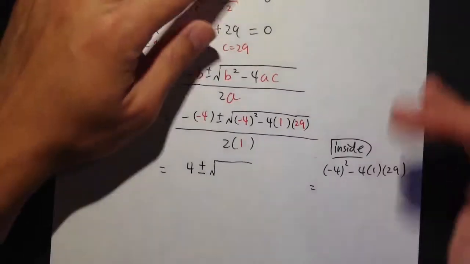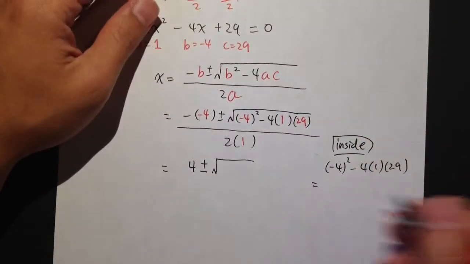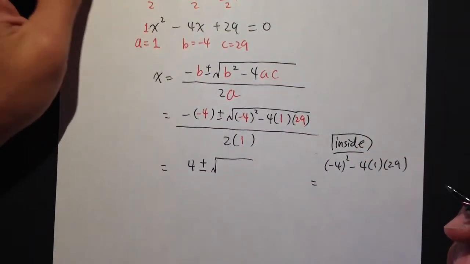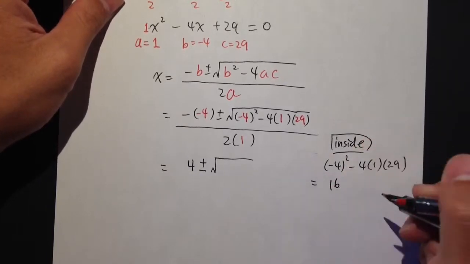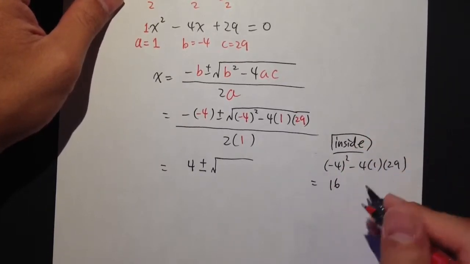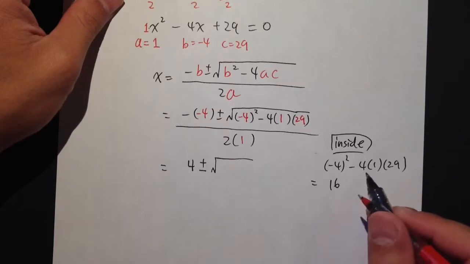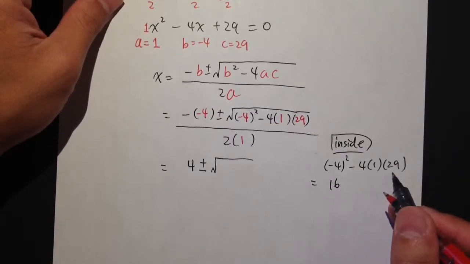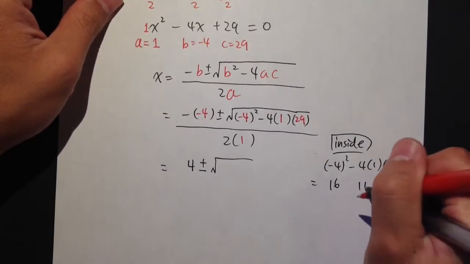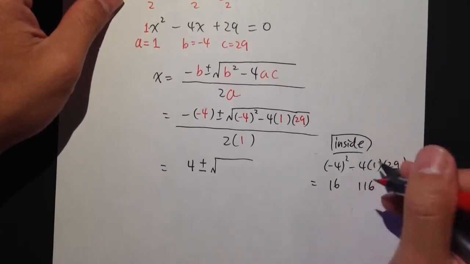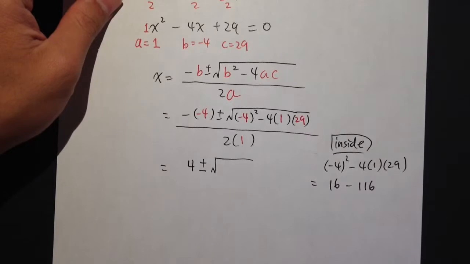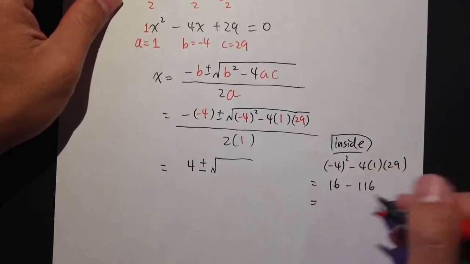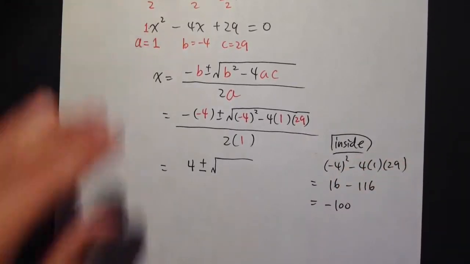With a calculator, it doesn't really matter, but I'll show you guys how to do this by hand, so we can practice the order of operations. This here is 16, and then for this part, 4 times 1 is 4, and then 4 times that is 116. 116, and then I'll have the minus here. 16 minus 116 is negative 100.